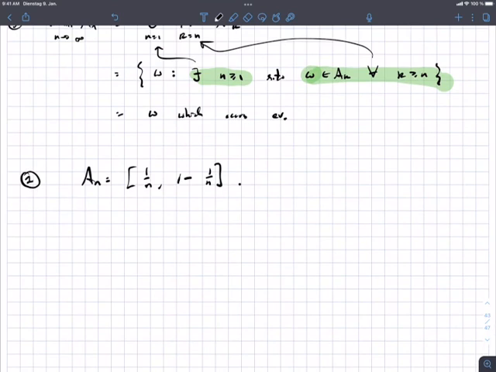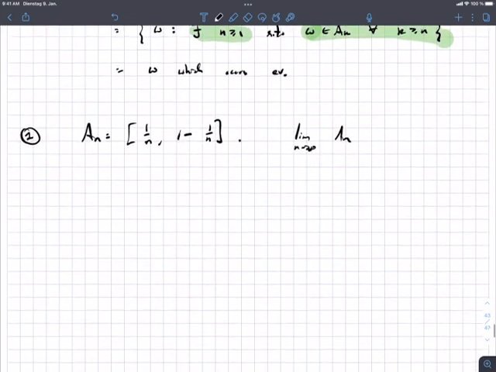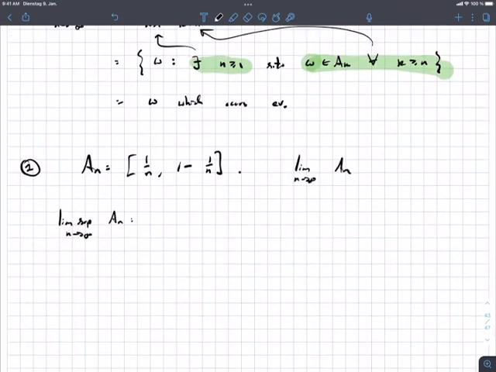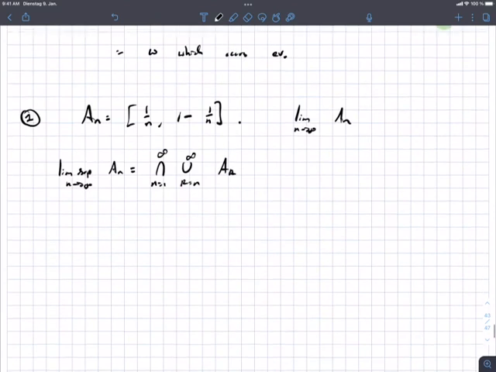And so what I need to do if I want to get the limit of this, it only exists if the lim sup and the lim inf exist and are the same thing. So let's start by computing the lim sup, which is intersection union, n equals 1 to infinity, k equals n to infinity A_k.